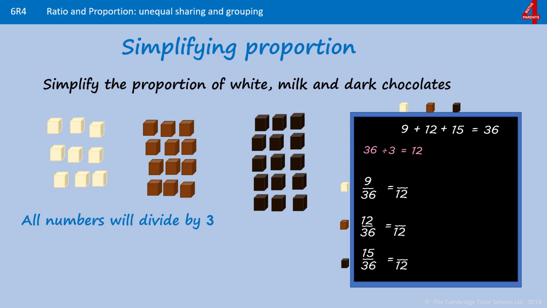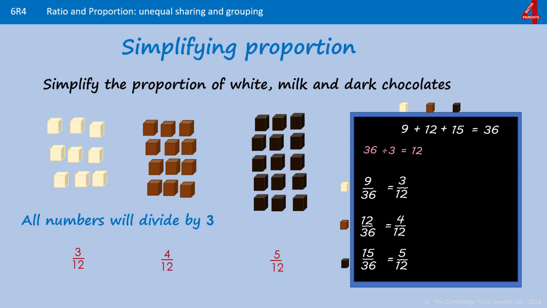And 9 divided by 3 is 3, 12 divided by 3 is 4, 15 divided by 3 is 5. So the proportion of white chocolate is 3 out of 12, milk chocolate is 4 out of 12, and dark chocolate is 5 out of 12.